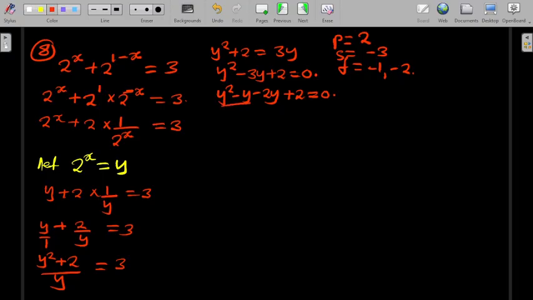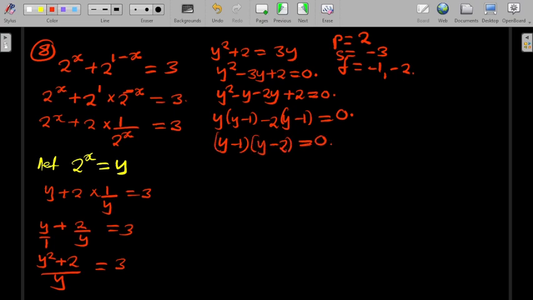Between these two we factor out y, which is common, then we have y minus 1, then negative 2 we factor out, then we have y minus 1, equal to 0. So y minus 1 is the same, so we say y minus 1 and also y minus 2, and this should be equal to 0.